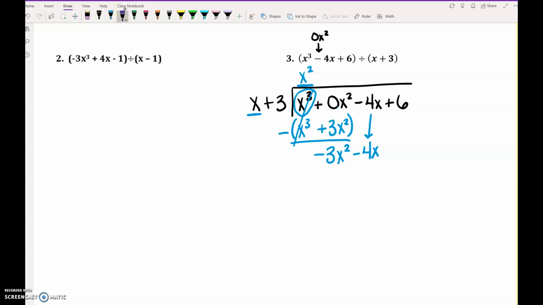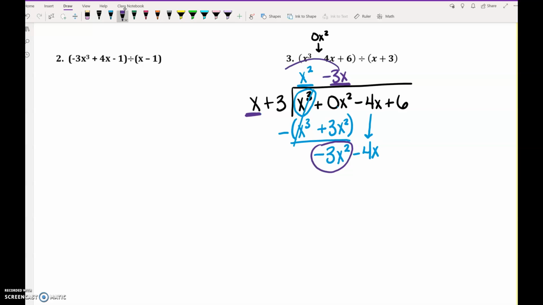For our next cycle, you're always going to look for whatever is lowest and to the left. So now we're looking at negative 3x squared. We need to do x times something to give us negative 3x squared. Negative 3x. Once you figure out the number on the top, distribute that number to both the x and the 3.